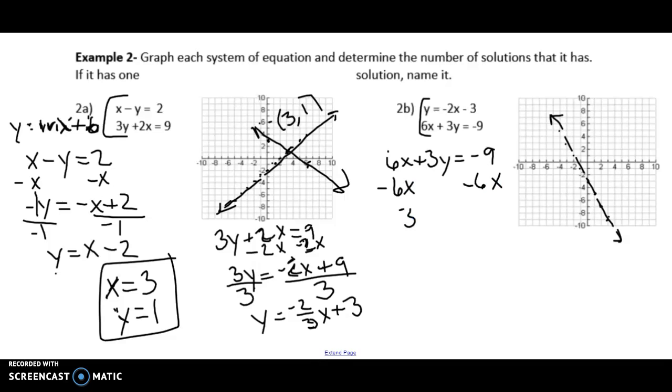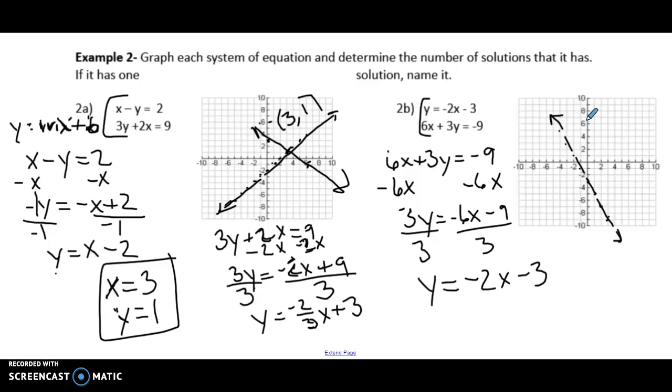I'm left with 3y equals negative 6x minus 9. Now to get y by itself, I'm going to divide both sides by 3. And I end up with y equals negative 6 divided by 3 gives me negative 2x. Negative 9 divided by 3 gives me negative 3.